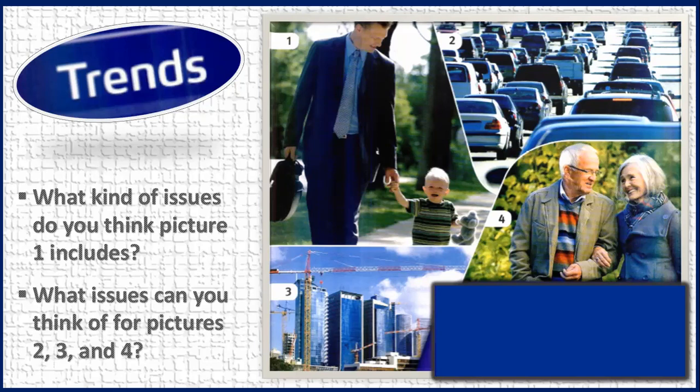Okay, guys, look at pictures number 2, 3, and 4. What kind of issues can you see there? Or, yes, you can think of. Let me hear you guys. Cars, construction, and persons of the third age.